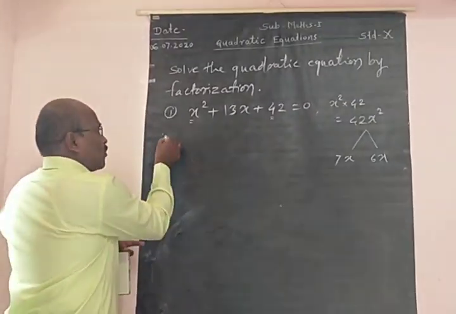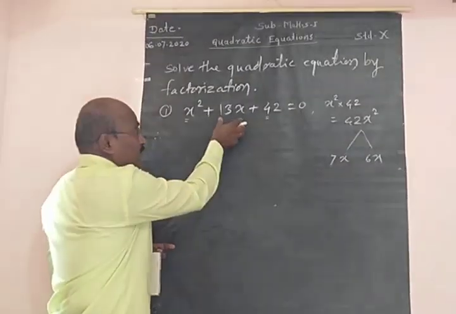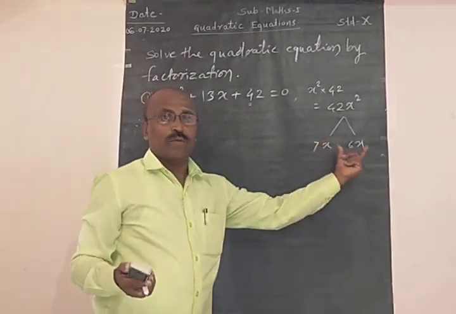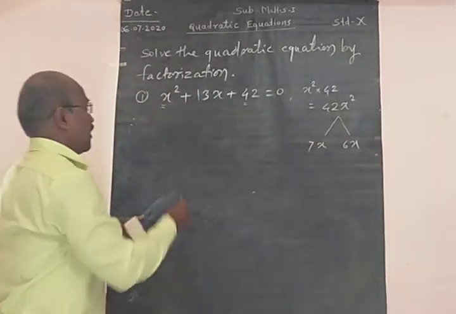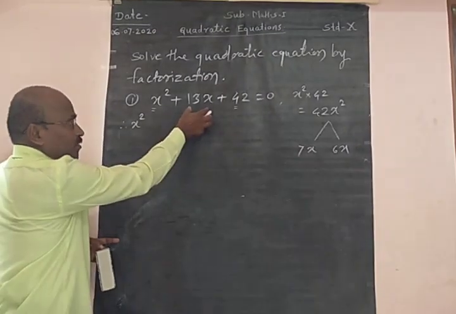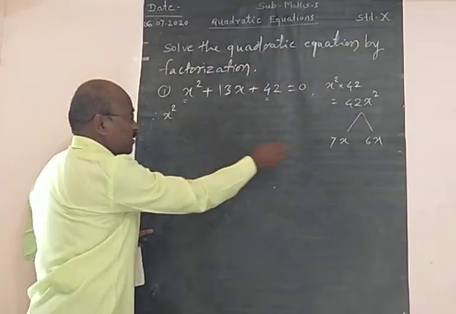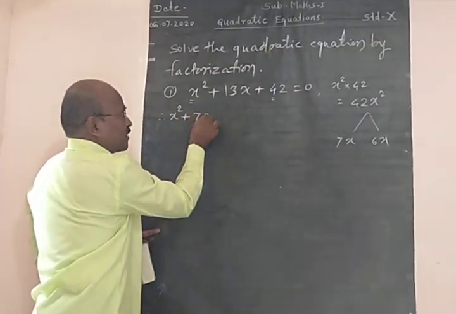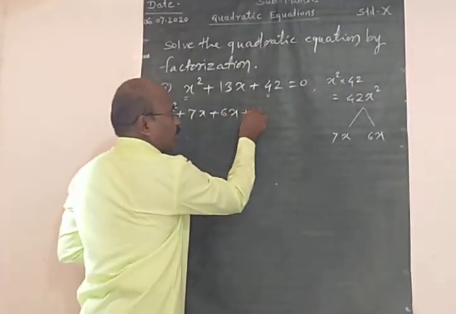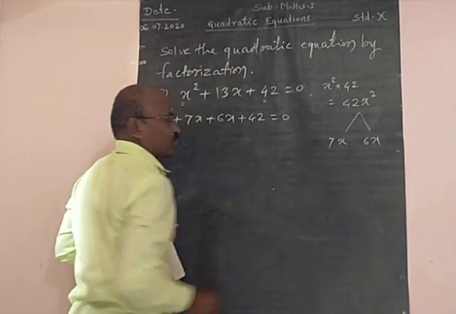Now divide the middle term into a sum of two terms as 7x plus 6x. Therefore write x square as it is, and divide this middle term into 7x plus 6x, then again write the plus 42 as it is.